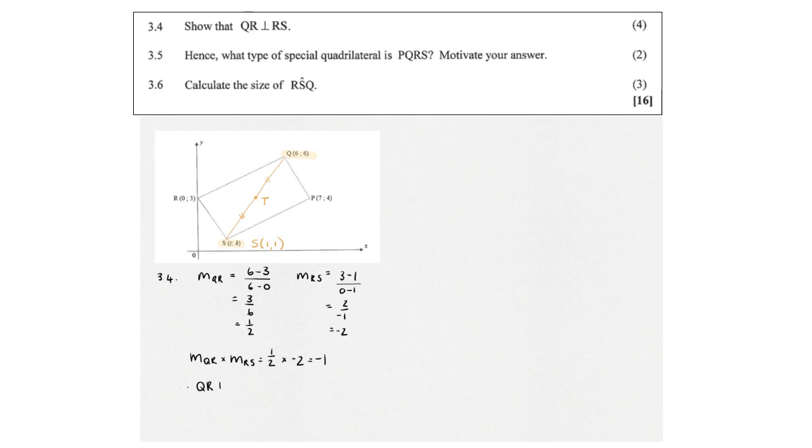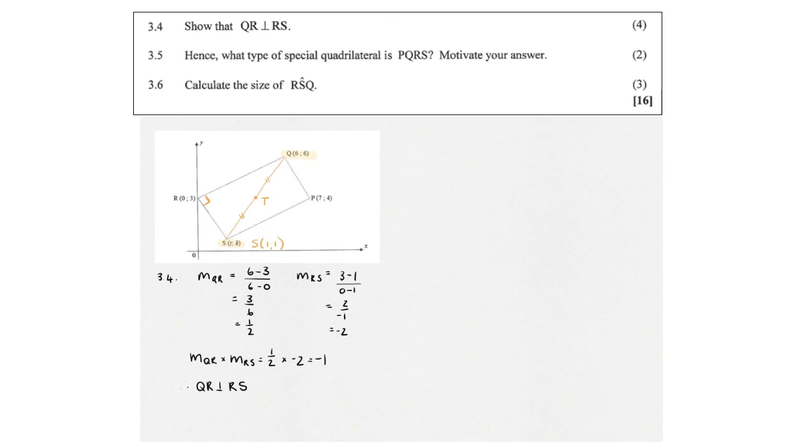And therefore, we can conclude that QR is perpendicular to RS. This question counted 4 marks, 1 mark for the gradient of QR, 1 mark for the gradient of RS, 1 mark if you determined the product of the two gradients, and 1 mark if the answer was -1.